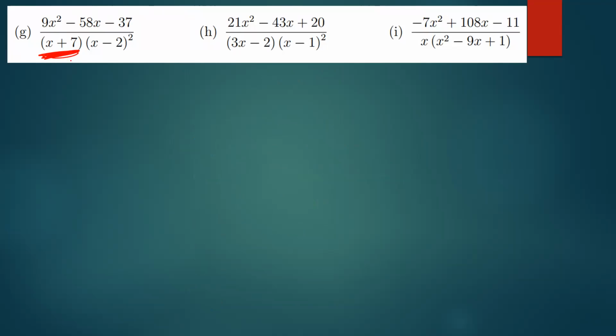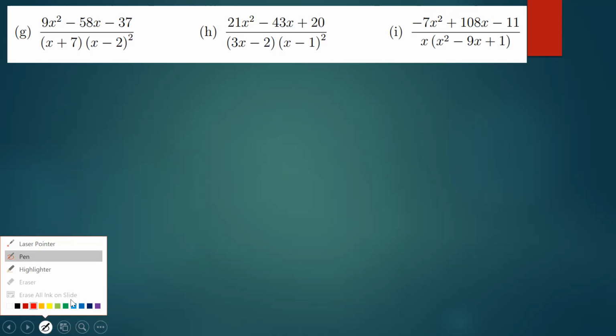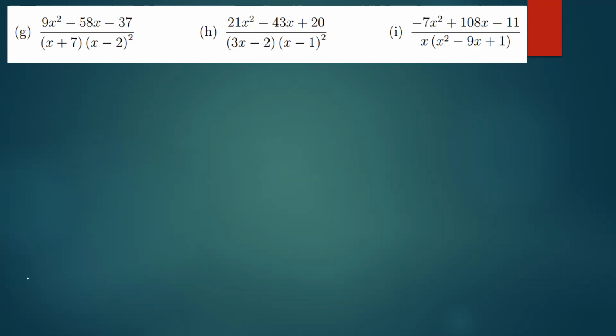Since it's a linear factor, its corresponding partial fraction will just be A over the factor. Let me just use the same white.